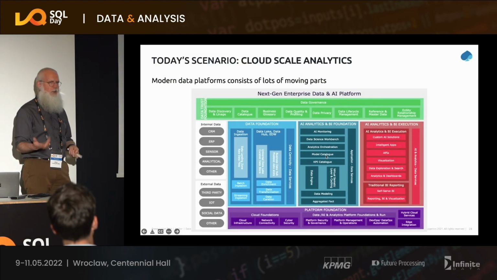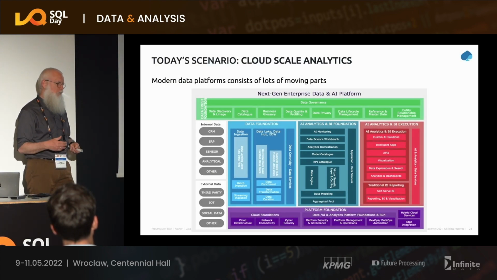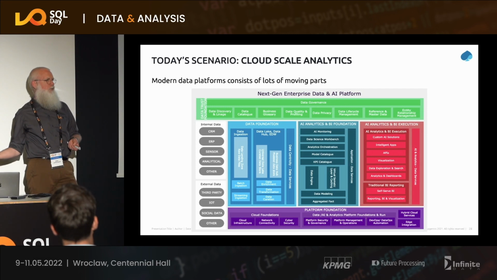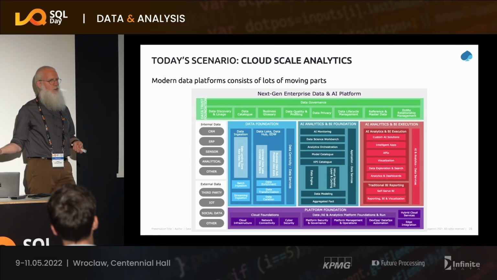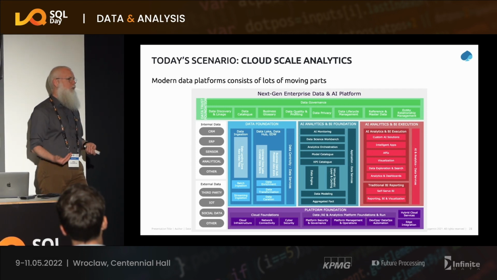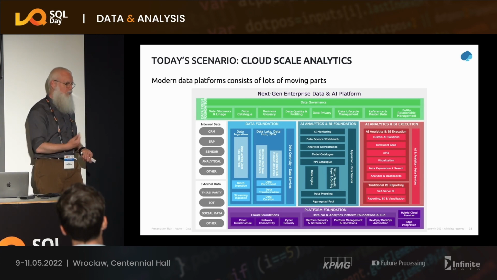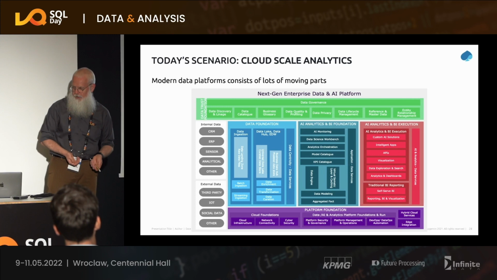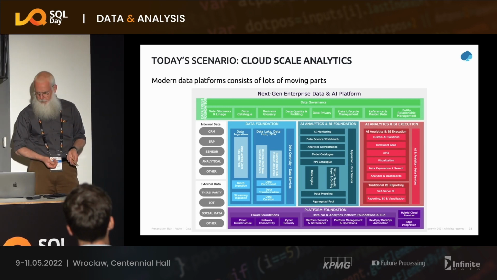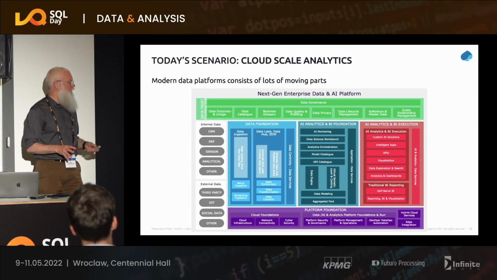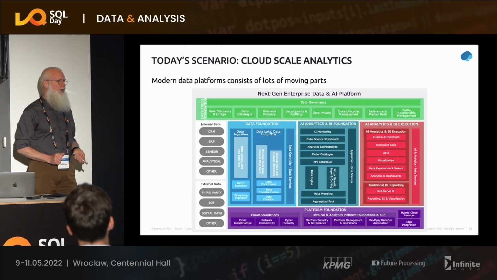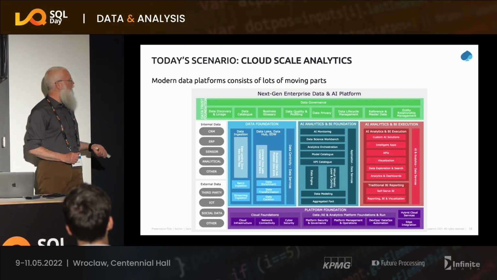And model catalog is because you want to make sure that the one that is deployed in production for machine learning is a current one, but the score that the client got for credit loans two months ago was not scored on the new one. So you need to track down to see, okay, which model version was I running? And that's what the model catalog does for you, at least part of it. So again, it's trying to help you find out which capabilities you need in your data platform.